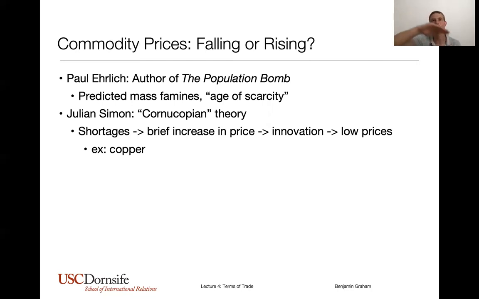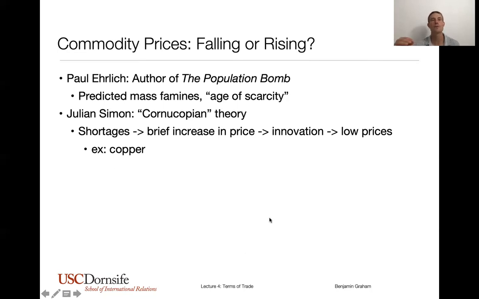So this increase in the price of copper led to the development of new technology, and then the price of copper collapses, right? Even if the global population is growing over time, and that leads certain raw materials and minerals to become scarce, well, then innovation kicks in and we'll find replacements for those things, right? That's the cornucopian theory.